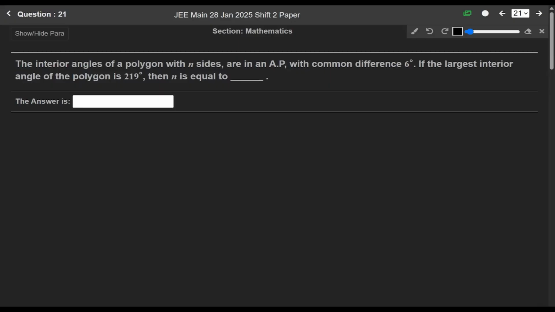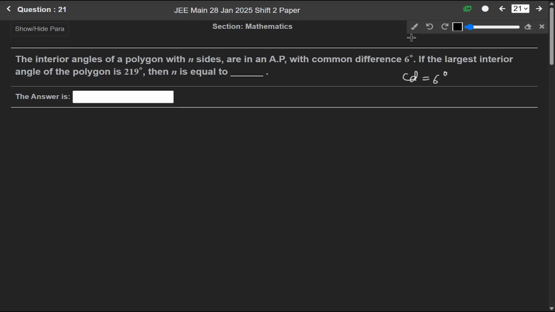Now the next question is 21. The interior angles of a polygon with n sides are in arithmetic progression with common difference 6 degree. Okay. If the largest interior angle of the polygon is 219 degree, then the value of n is. So we are given a polygon with n sides, in arithmetic progression with a common difference of 6.